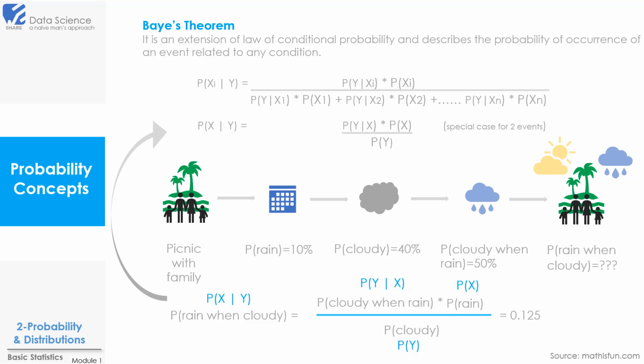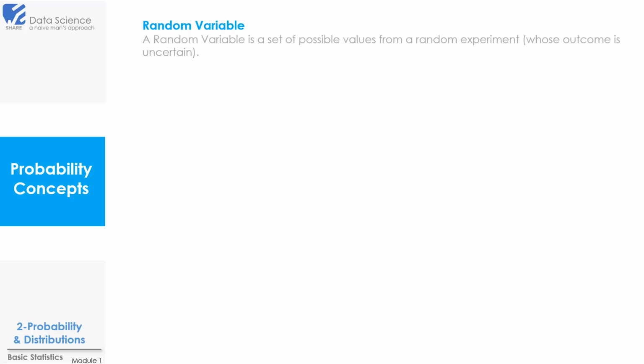Now moving on to the next topic, that is random variable. So what is a random variable? By definition, a random variable is a set of possible values from a random experiment. And a random experiment is one whose outcome is uncertain. For example, we roll a dice.